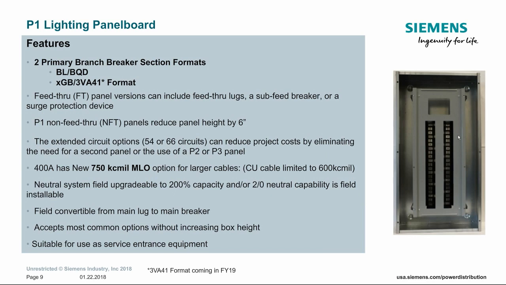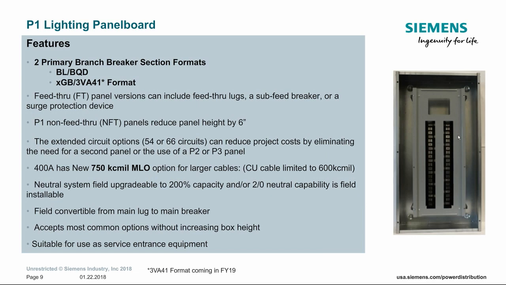Next, a lot of our nice features are that these are very flexible and have a lot of field options to them. So, for example, our neutral system is field upgradable up to 200% capacity, and its two-knot neutral capability is also field installable.